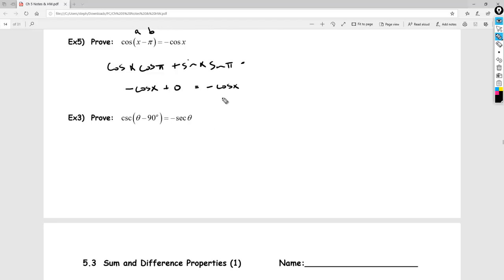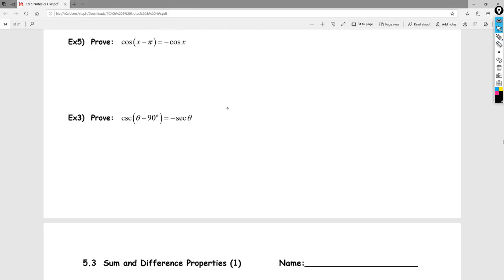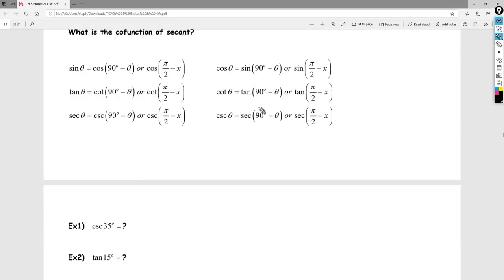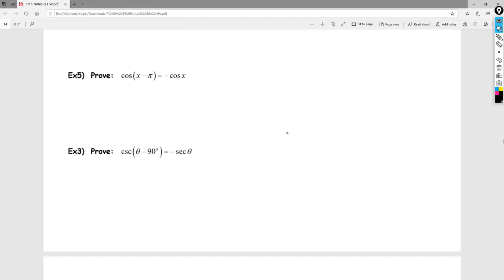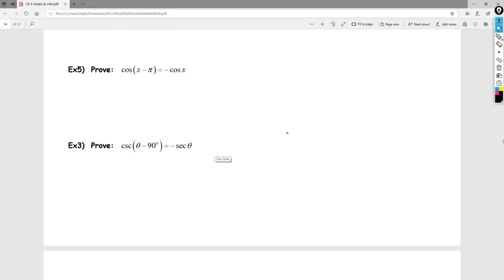So I know if I scroll up, I can use this property right here. Okay, so cosecant is secant of 90 minus theta. So I'll go back down to my problem. But instead of 90 minus theta, I have theta minus 90.